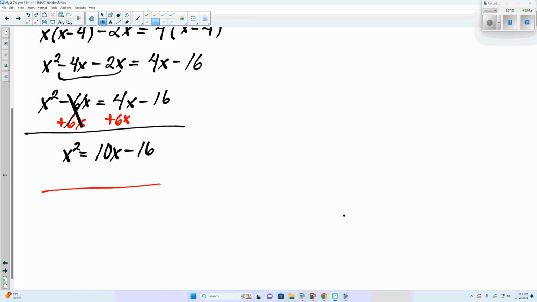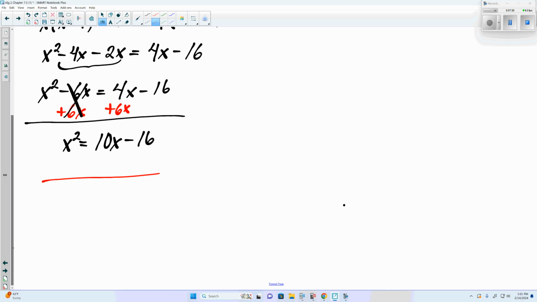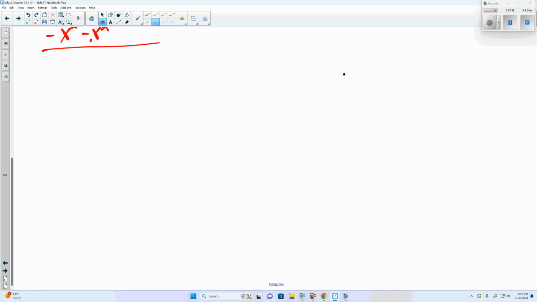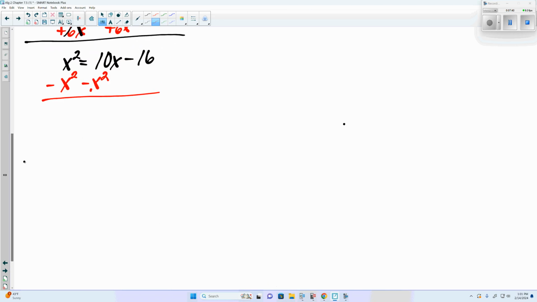The whole point with our quadratics is get it equal to 0. We need 0 on one of the two sides. So we have 10x and 16 on one side. We can subtract x squared from both sides. And if we subtract x squared from both sides, we get 0 is equal to negative x squared plus 10x minus 16.